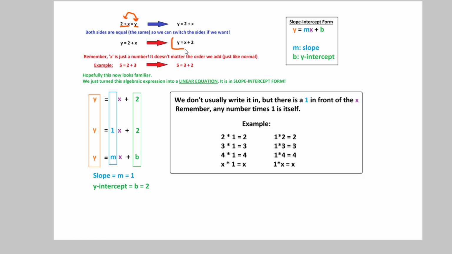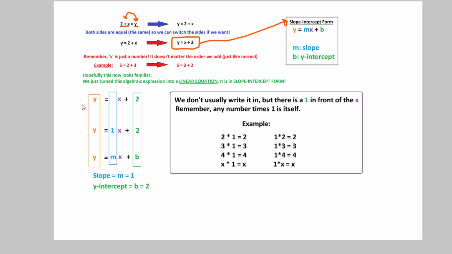Now, this here, this is now in slope-intercept form, which we talked about at the end of the last unit. Right, we have our x, and then we have plus a number. Okay, so let's line this up and let's figure out what's what here. We said we can find the slope, the y-intercept. Let's do that just so we can understand this problem a little better.